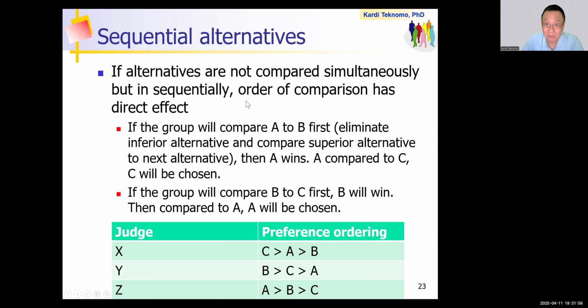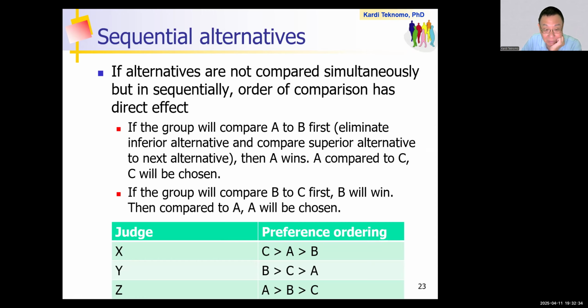Say the group compares A to B first, and then you eliminate the inferior alternative, and then compare the superior alternative to the next alternative, A will win. If A is compared to C, C will be chosen. But if the group compares B to C first, B will win. And then compared to A, A will be chosen.